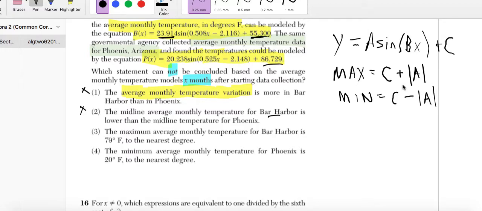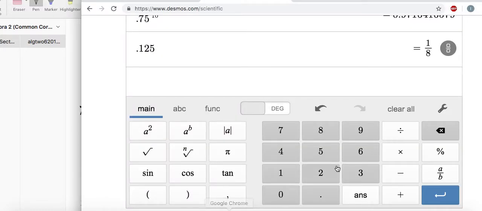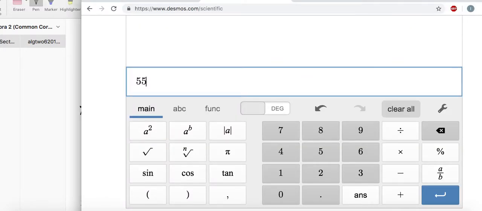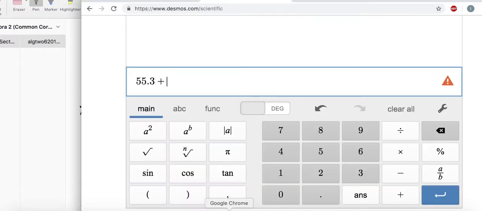So choice 3 is asking about the maximum average monthly temperature for Bar Harbor. So for Bar Harbor, it'll be C plus A, which is 55.300, which is just 55.3, plus 23.914, because the absolute value of that is just 23.914. So let's find out what that is. 55.3 plus, I already forgot what the number was, 23.914.